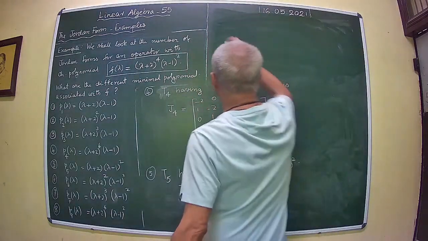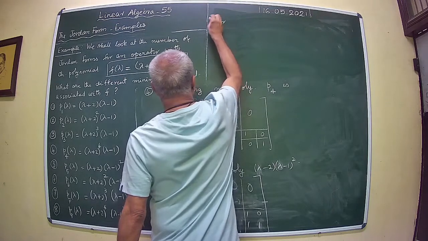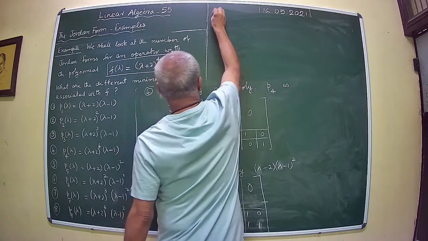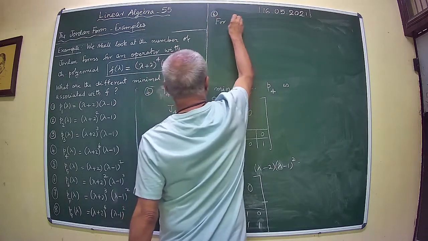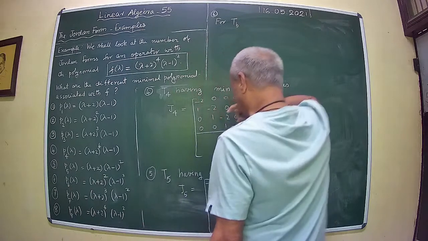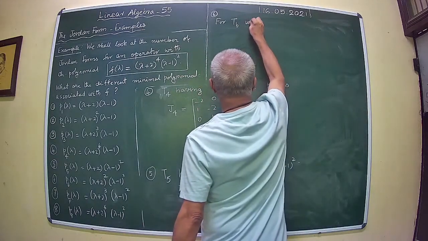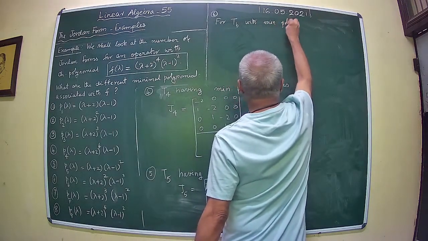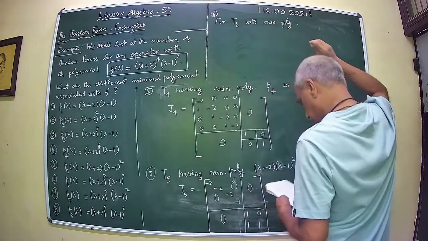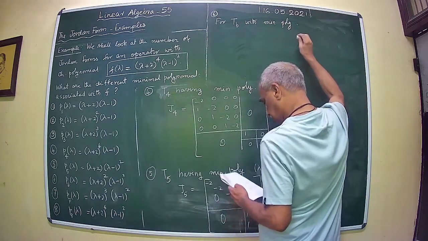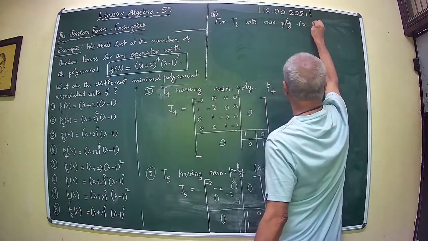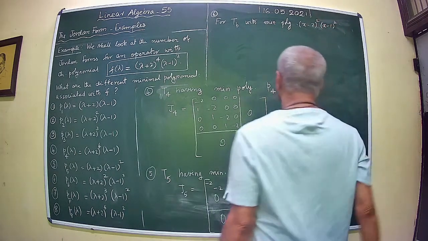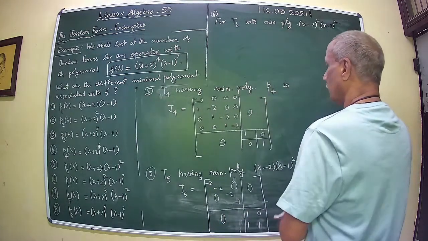For T6, with the minimum polynomial, see here there are two forms available.